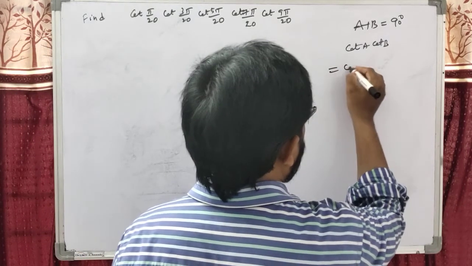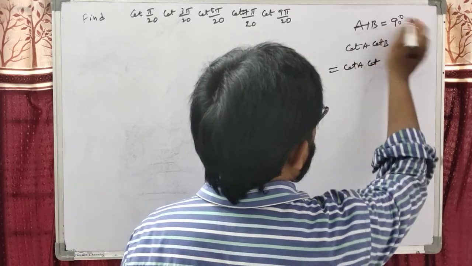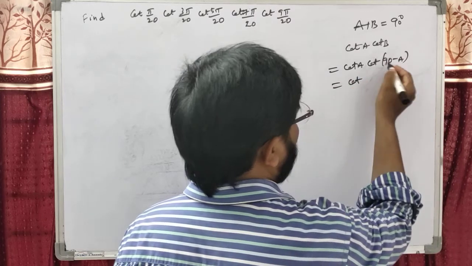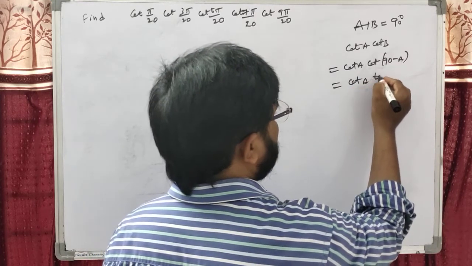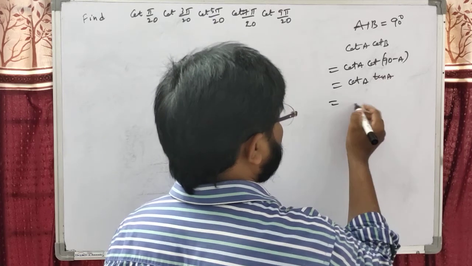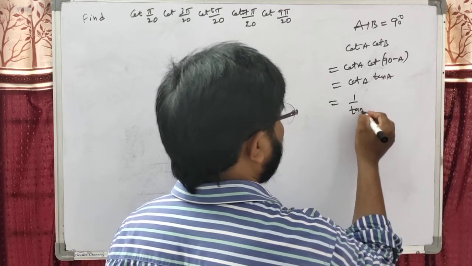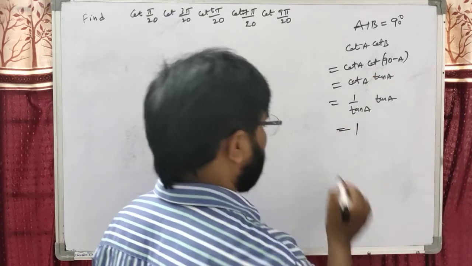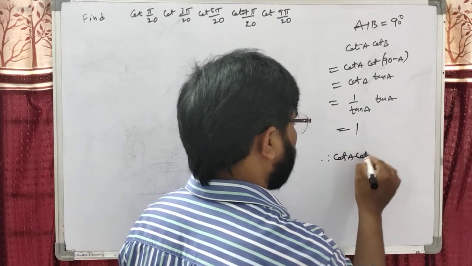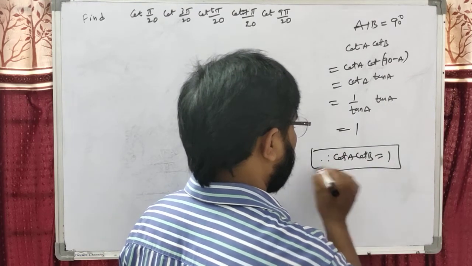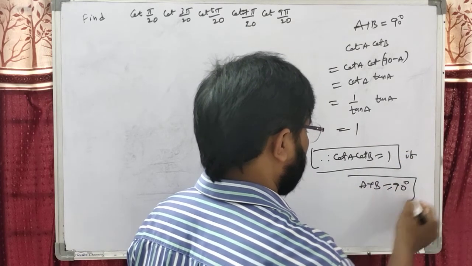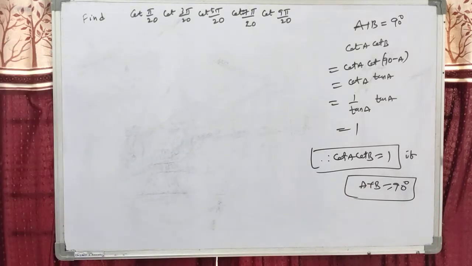Cot b can be written as cot of 90 minus a, which in the first quadrant is tan a. Cot a can be written as 1 by tan a, into tan a, that is 1. Therefore cot a into cot b equals 1 if the sum of the angles is 90 degrees.